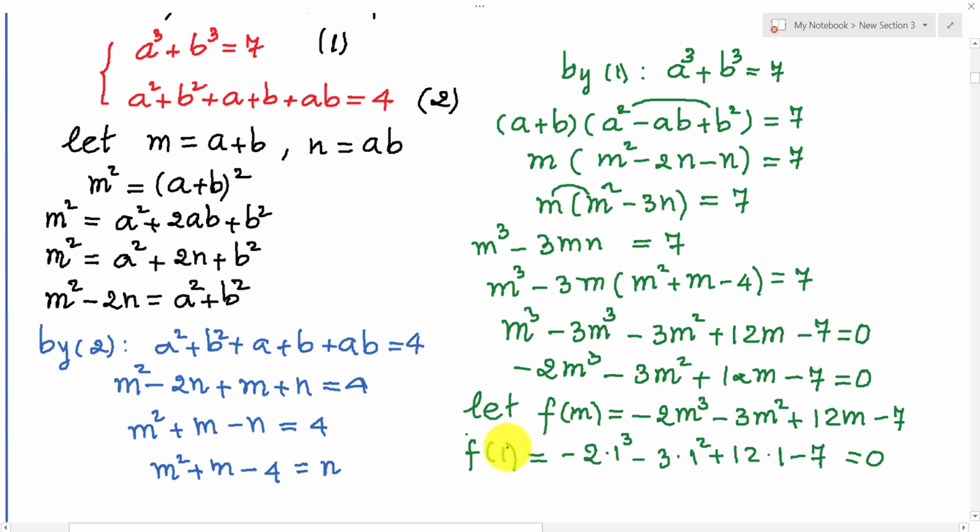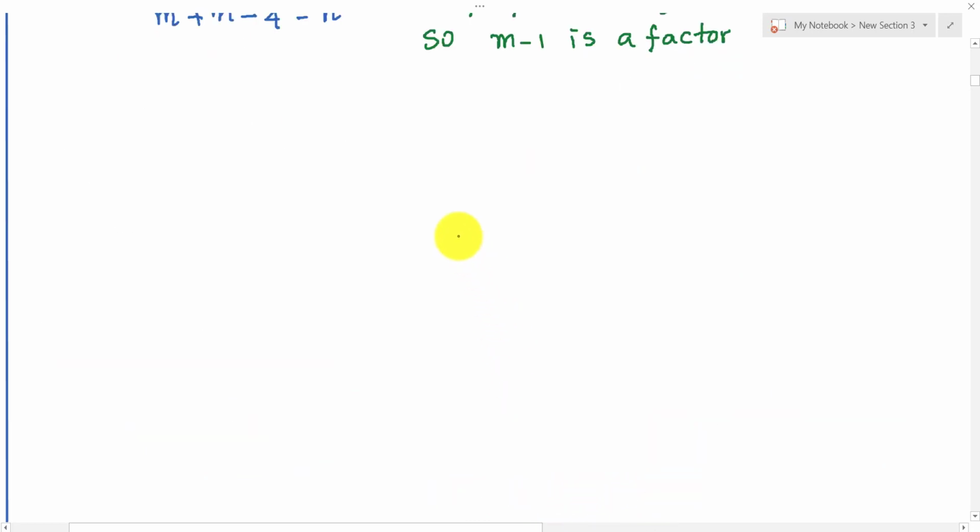Since f(1) = 0, m - 1 is a factor. So I can write f(m) equal to (m - 1) multiplied by some expression, and I can divide using synthetic division.